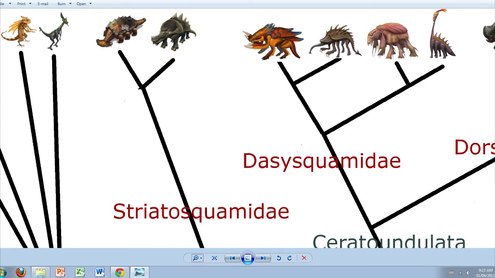And here's a little hint, maybe to the game developers. These kind of hard shells leave very good fossils. So it'd be cool if we had some archaeology and excavating tools that could uncover the lost diversity of this clade here.